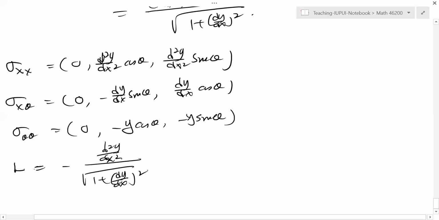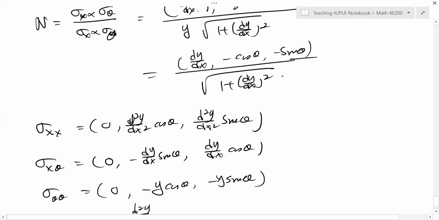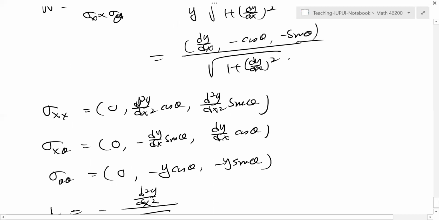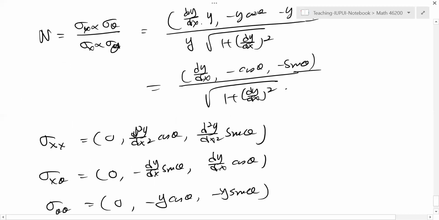Right. Sigma x dot with the normal vector.